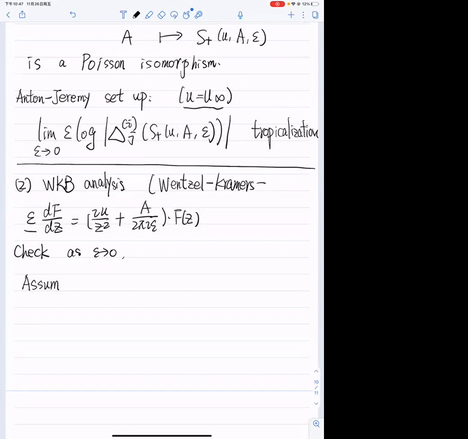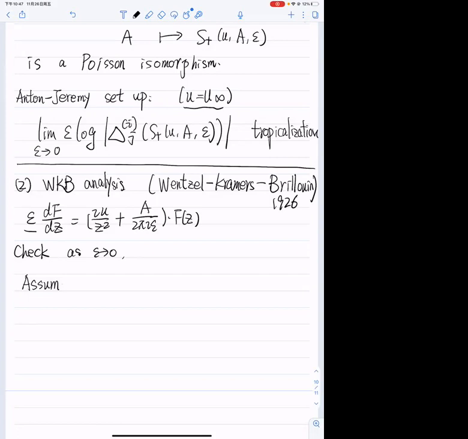Sometimes it's also called WKBJ, or sometimes with Jeffreys' name. It goes back to 1926, when they studied the Schrödinger equation. So you can think of epsilon as h bar in the Schrödinger equation, and we try to get a perturbative solution.